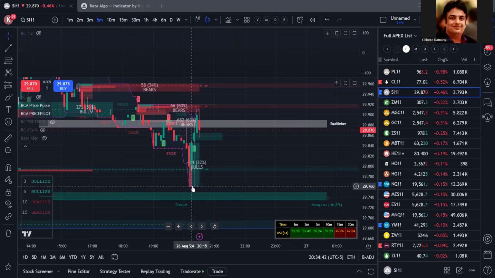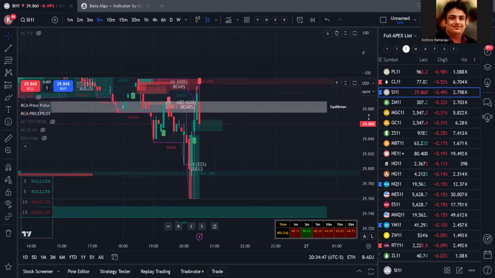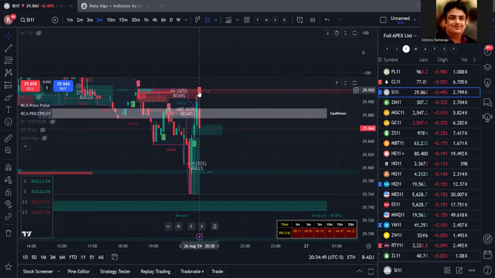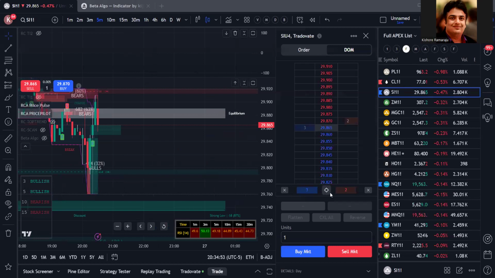It went from the bulls, it went all the way. Touched that. So now we can enter, right? We got a sell signal. So now we can take it short.